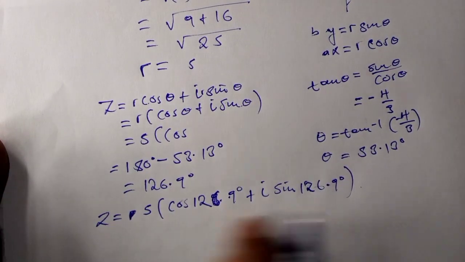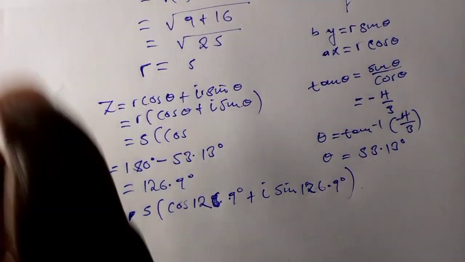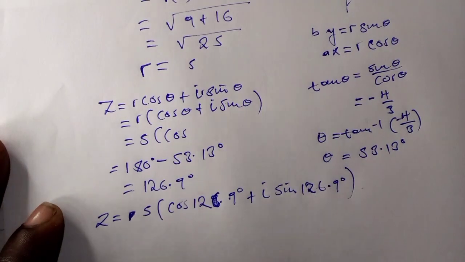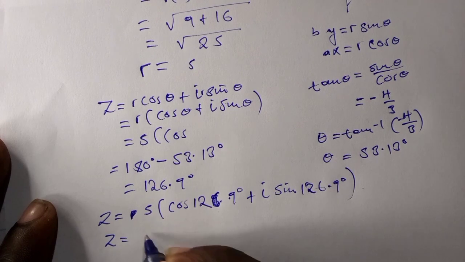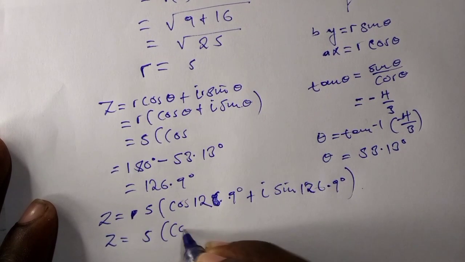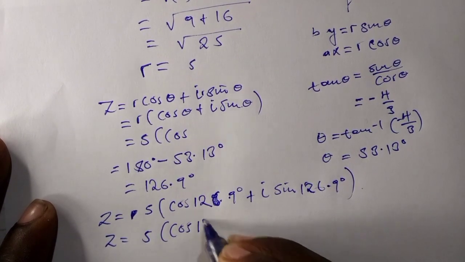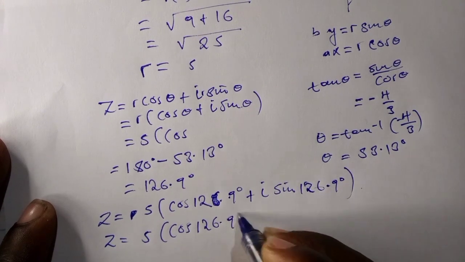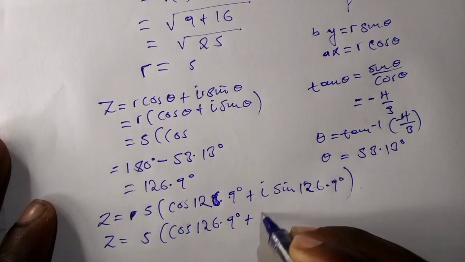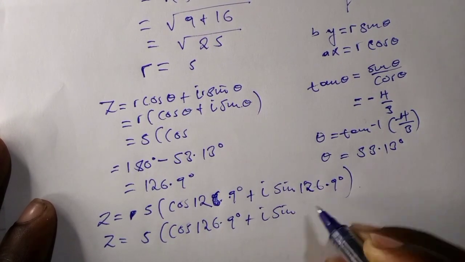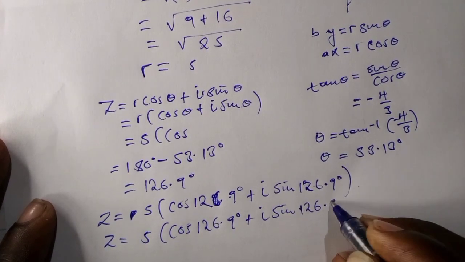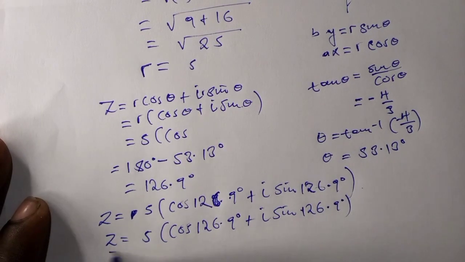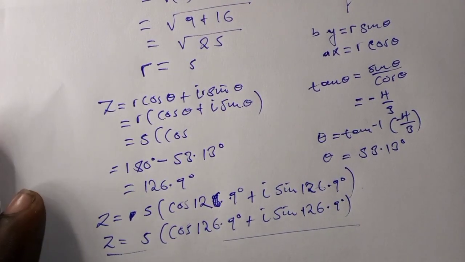This is how we express a complex number in polar form. This is the polar equation, which is z equals 5 cos 126.9 degrees plus i sin 126.9 degrees.